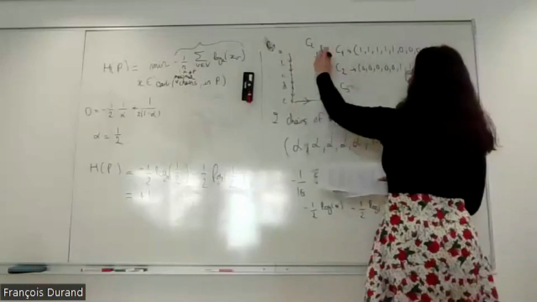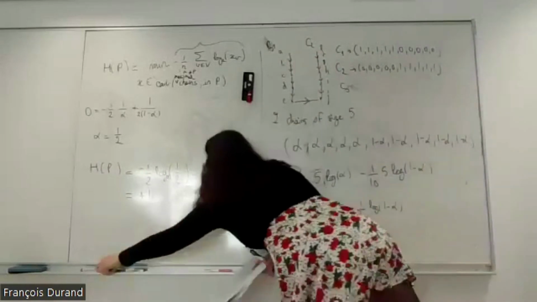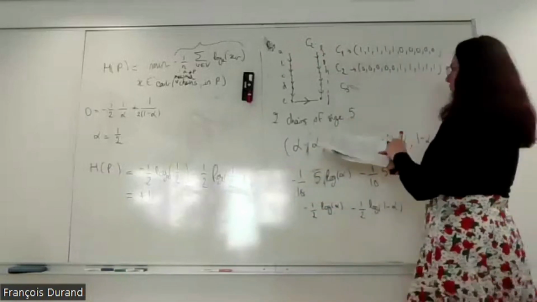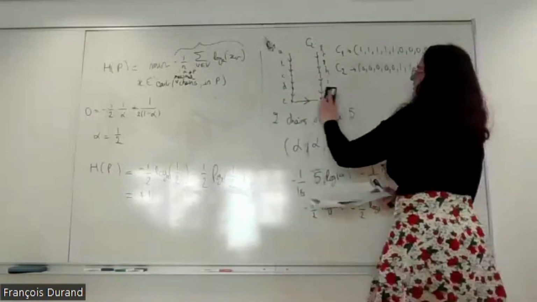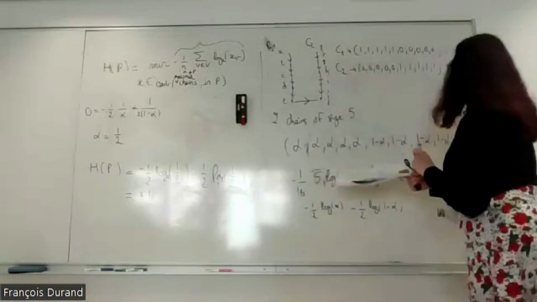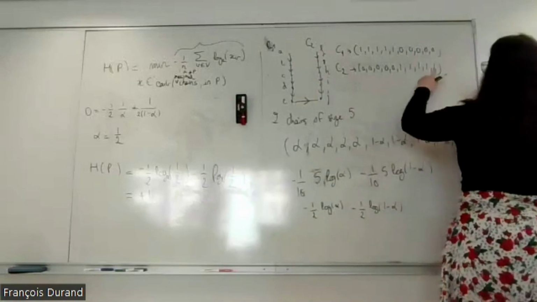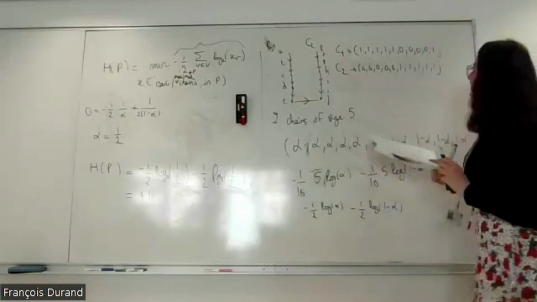No, you still have only 2 chains. So J, you just add 1 here.